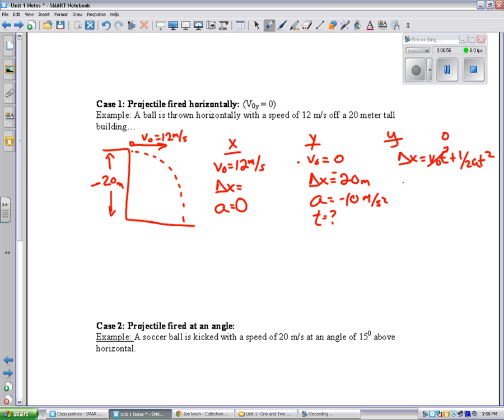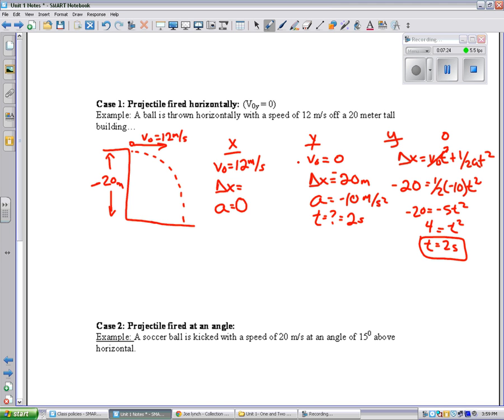And then I can plug in, we get minus 20 was our delta y, equals 1/2 times minus 10 times t squared. I get minus 20 is minus 5t squared. T squared is 4 when I divide, so then t equals 2 seconds. So that's the time, okay, over here for the y.